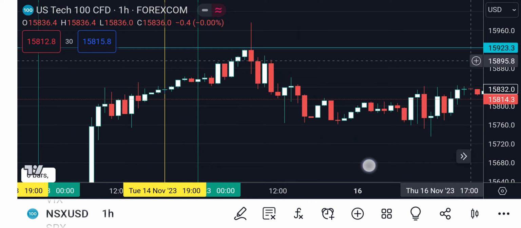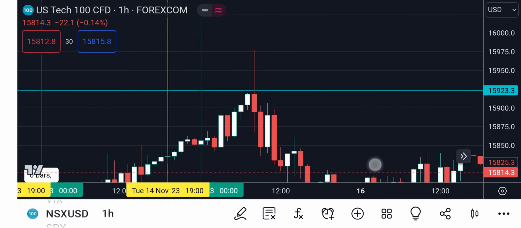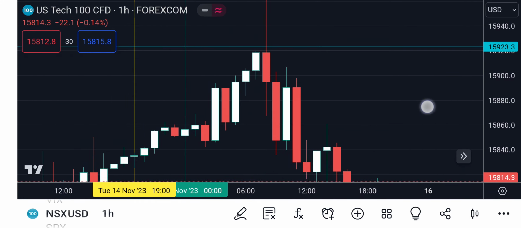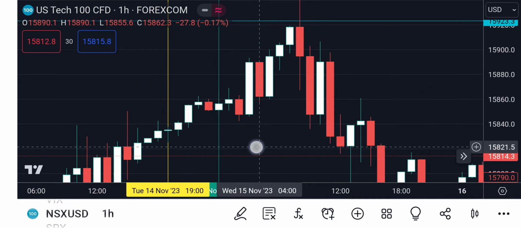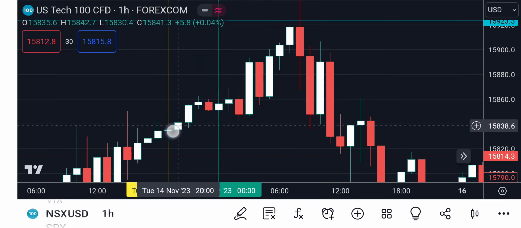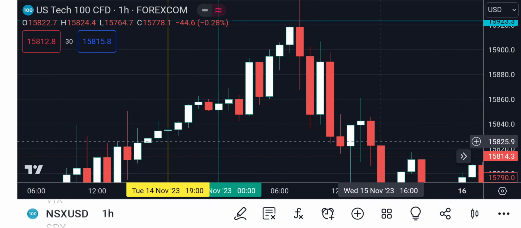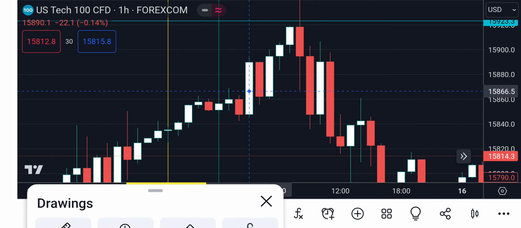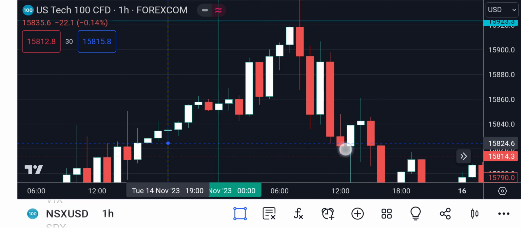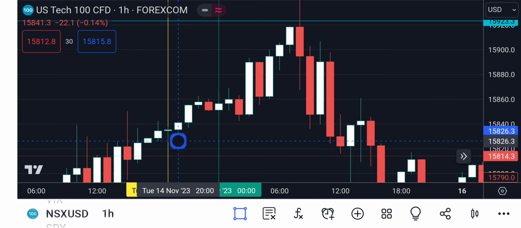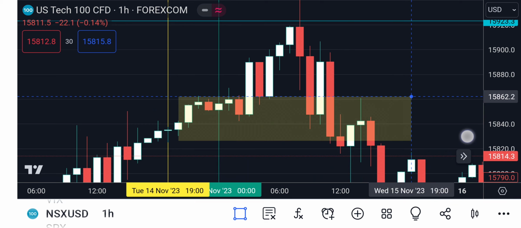Now this is where things get interesting, guys. So same thing, we have our New York midnight, and then we have our Asian range here. So we're going to do the same thing again. We're going to set up from the low of the range to the high of the range.